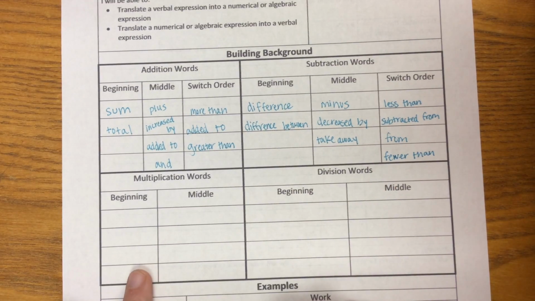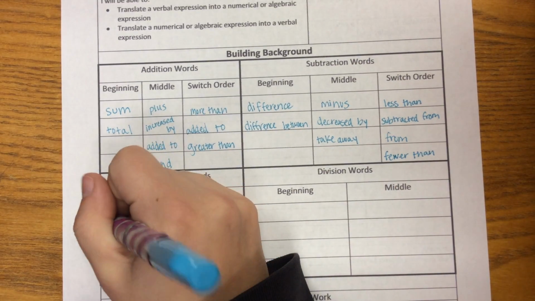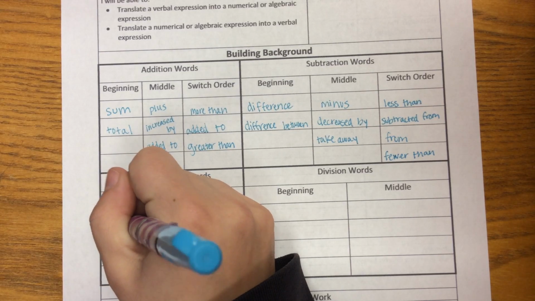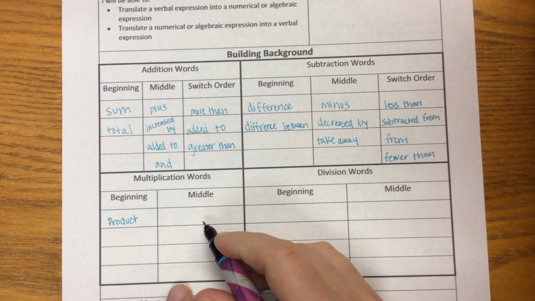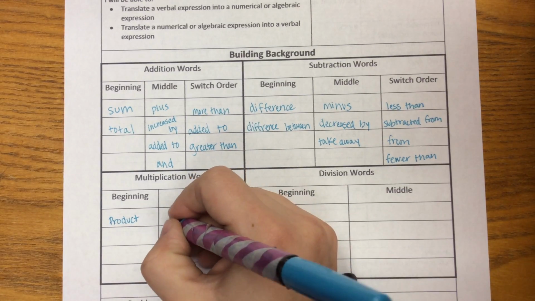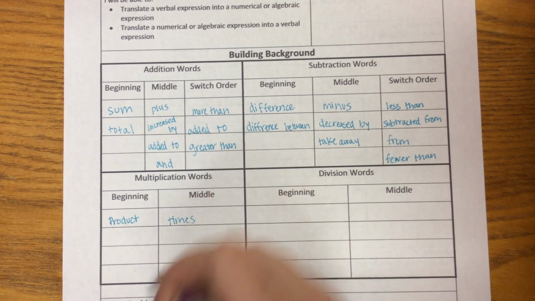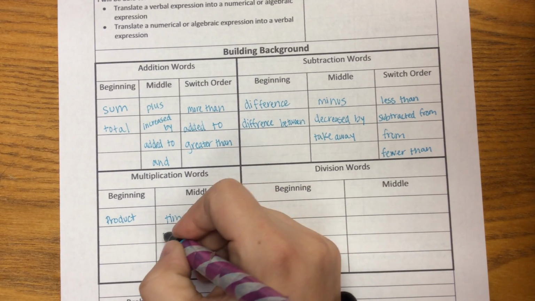Okay, multiplication words. Words that come at the beginning would be product. That's the only one. And then we have four things here. So normally we just say times. We can also say multiplied by.